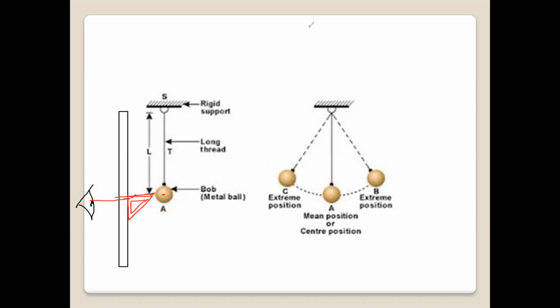So what happens after measuring the length of a pendulum? If the question is to write an experiment to find the time period, for a pendulum there are certain terms which we define.